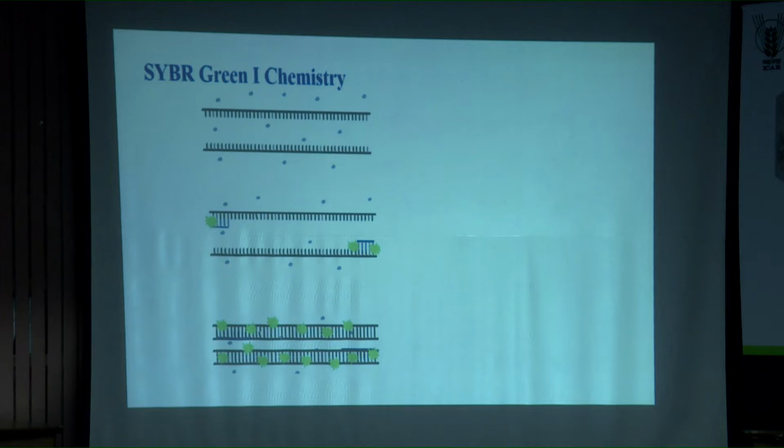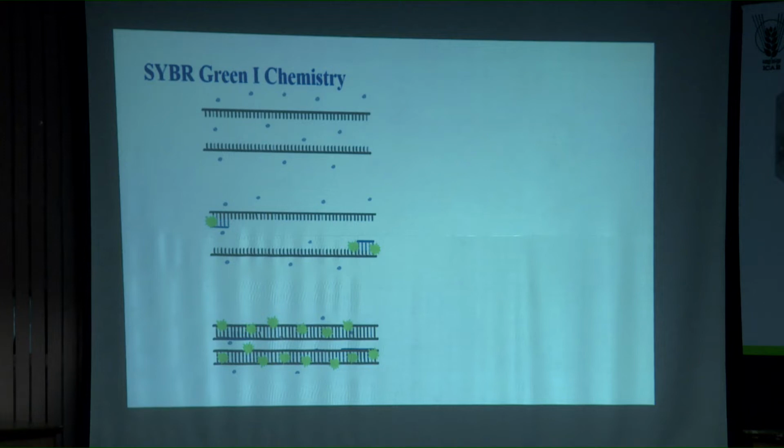Double-stranded DNA is formed again, right? So imagine the first cycle, 1 becomes 2, right? What happens? You have too many SYBR Green molecules and too little DNA. Got my point? You have too many SYBR Green, too little DNA.